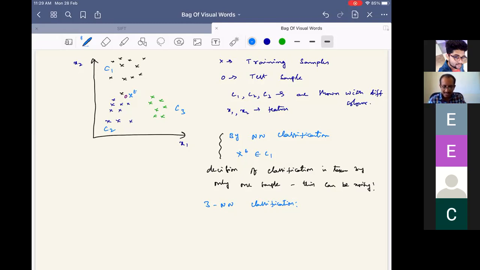So in 3 nearest neighbor classification, what do we do now? We find the first 3 nearest neighbors, and then the test sample is classified based on majority voting in these 3 nearest neighbors.